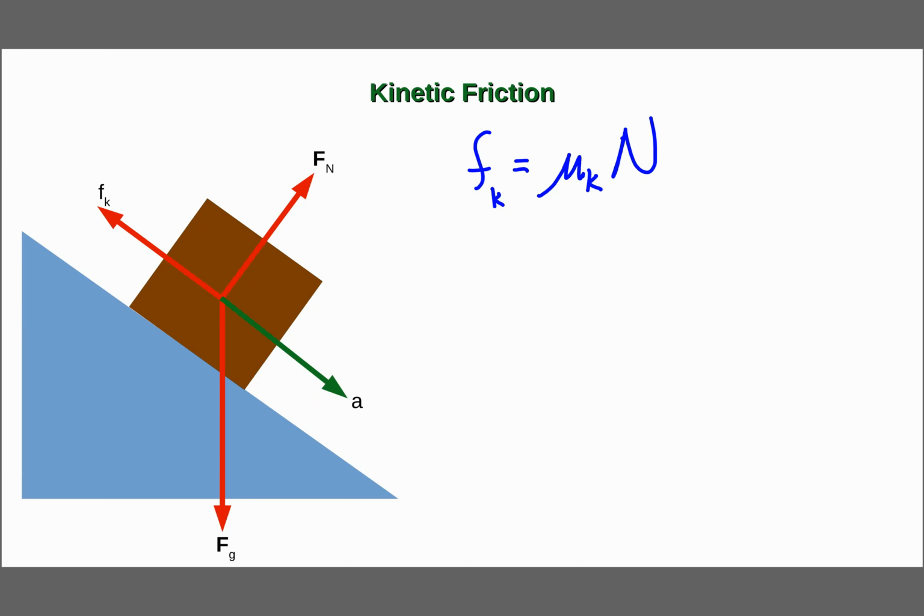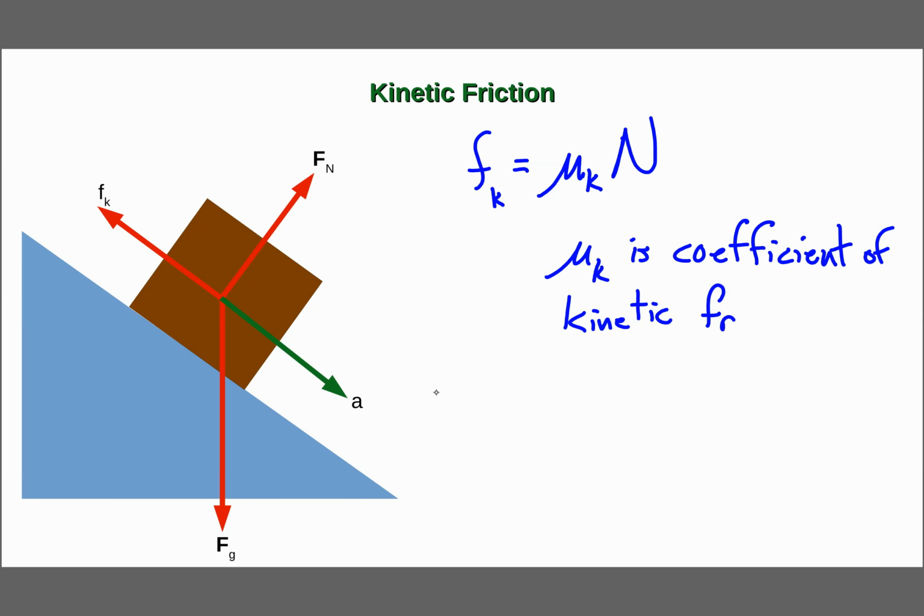Okay? The normal force, we know from before, is the force that the ground is pushing back up on the block with. And mu sub k is the coefficient of kinetic friction.